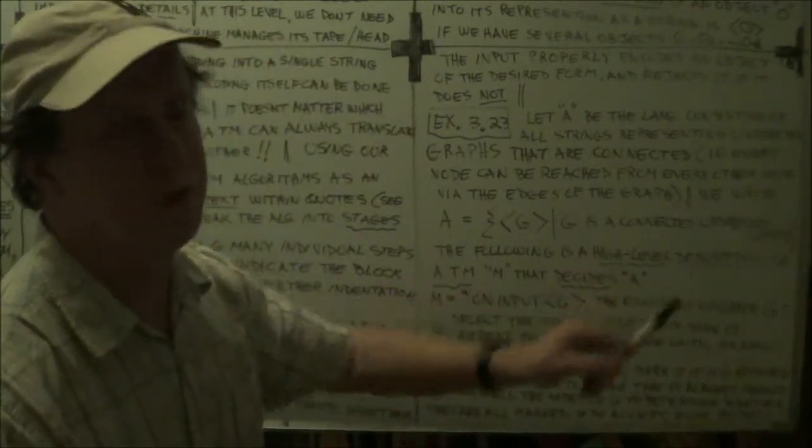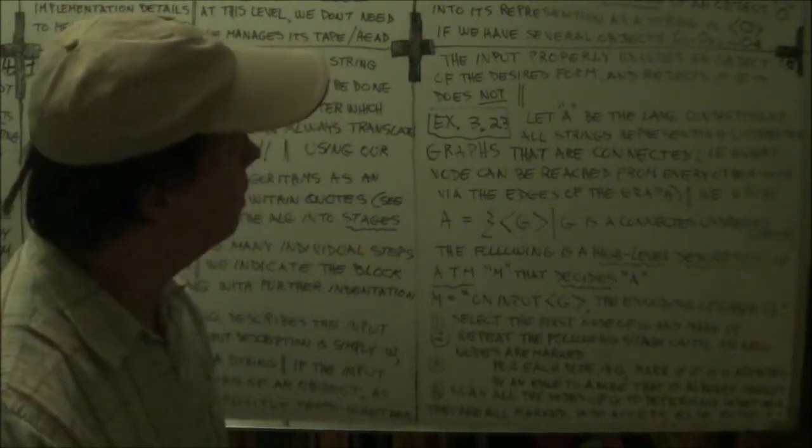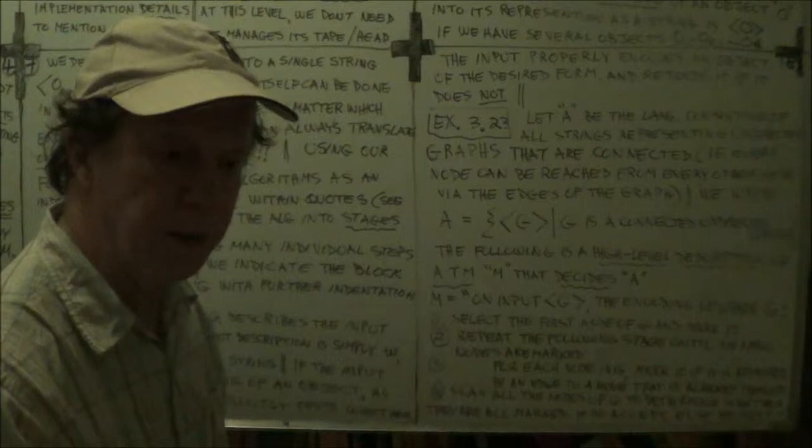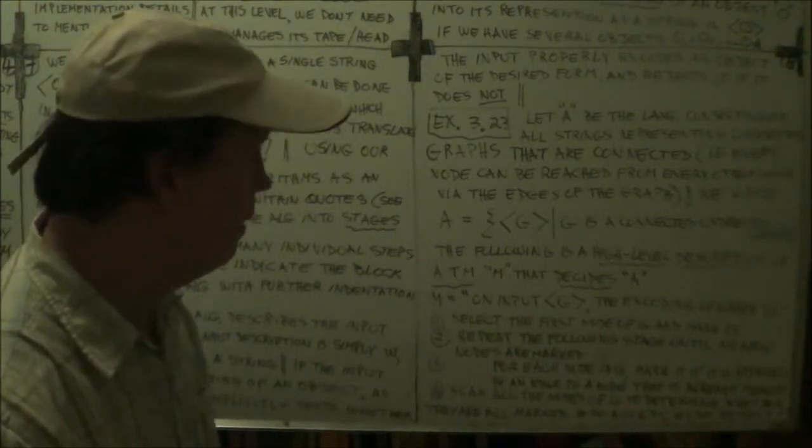And this here is a high-level description. Remember, it's the third type that we talked about in the previous session. So it's a high-level description of the algorithm, or equivalently, a high-level description of the functioning of the Turing machine that implements that algorithm. Same thing.